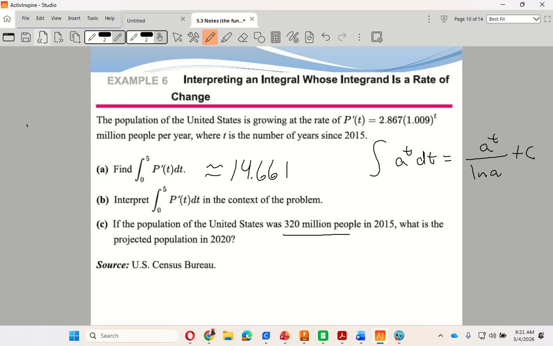That's right. 14.661 is a million. Worth 14.661 million. So add that to 320 million. 320 million plus 14 million. Yeah. No, that's hard math. Yeah, you got that. Come on.